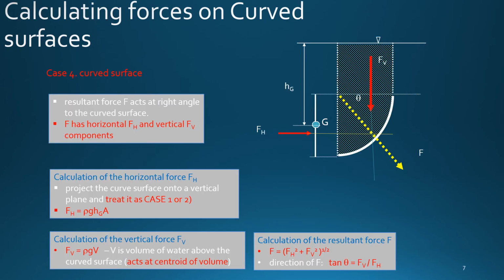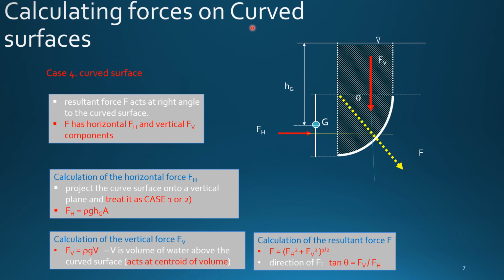How to calculate hydrostatic force on curved surfaces? On inclined linear surfaces or vertical surfaces, we have already calculated force equals rho g hg times area. Now, how do we do it for curved surfaces?